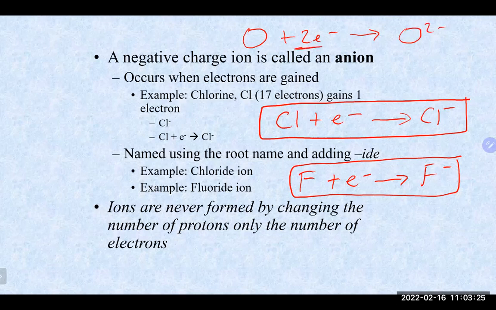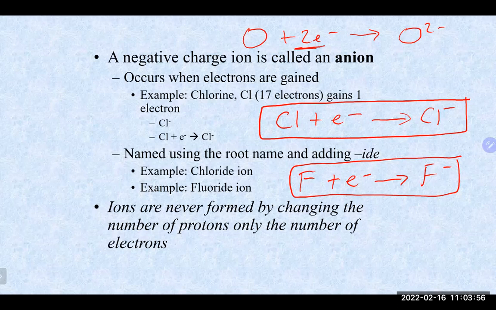Again, the key here, when you write the equations, we see the electrons on the left-hand side of the arrow, or the reactant side of the arrow, which indicates that they are being accepted by the element and forming a negative charge. Ions, obviously, as we talked about, are never formed as a result of changing protons, because as we talked about last time, if we change the protons, what happens to the element? It also changes as well, right? So we cannot change the protons, just the electrons.